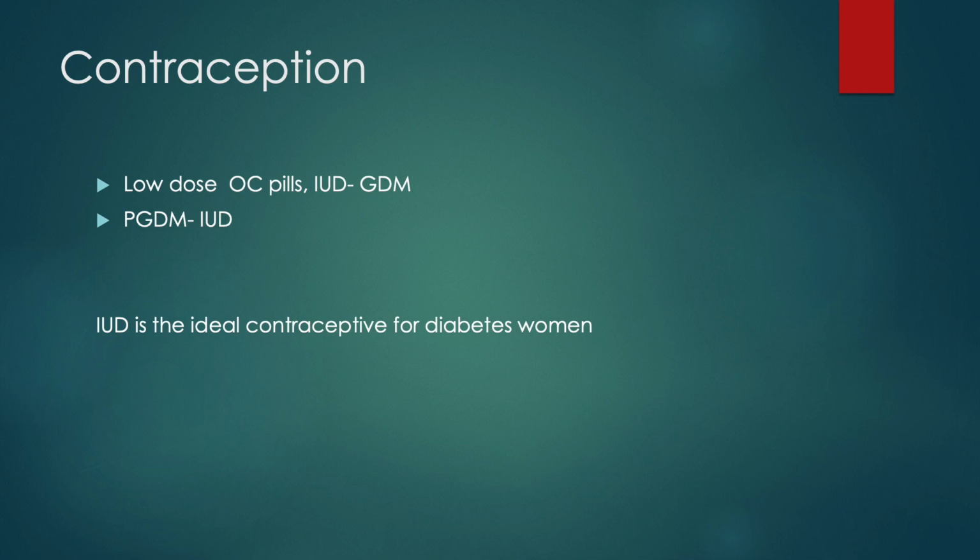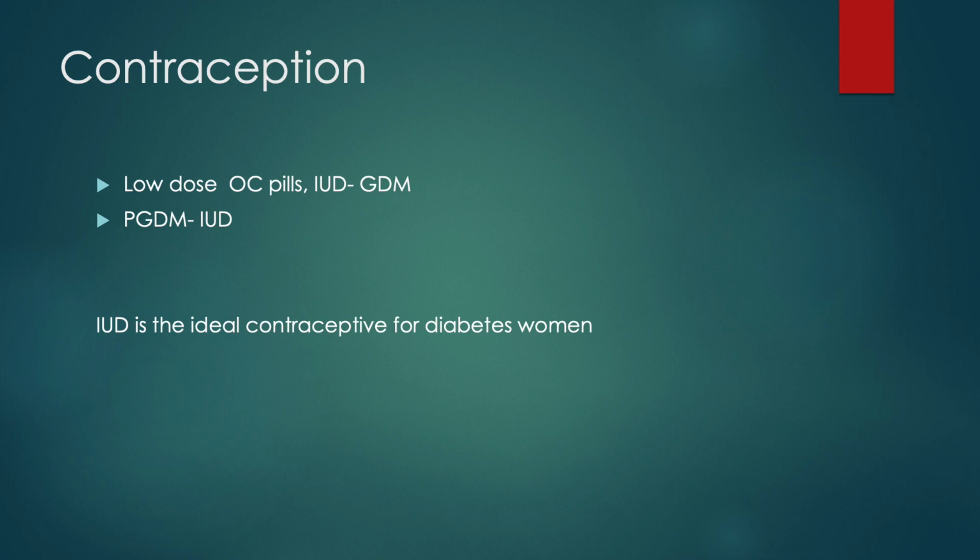Coming to the postpartum period also, the insulin requirement will be drastically reduced, and you have to adjust the dose according to the glycemic level. And in the postpartum period, if she wants, she may be put on oral anti-glycemic drugs. Now, this woman may need contraception. So, what is the contraception preferred in this woman?